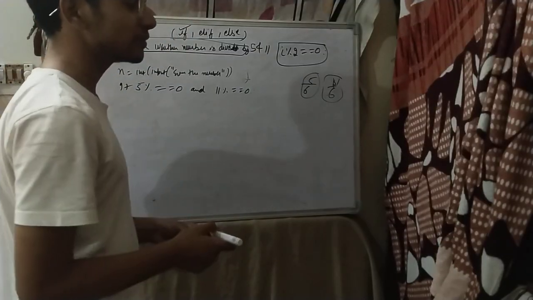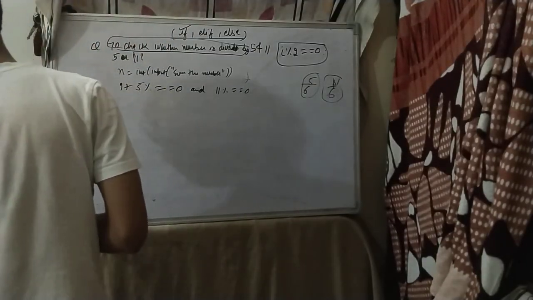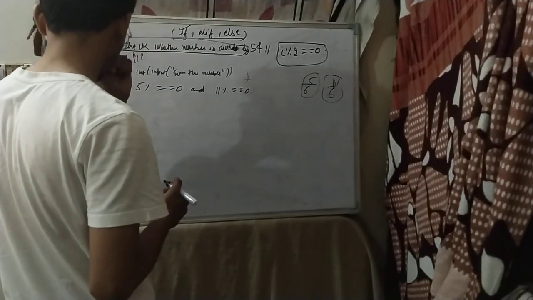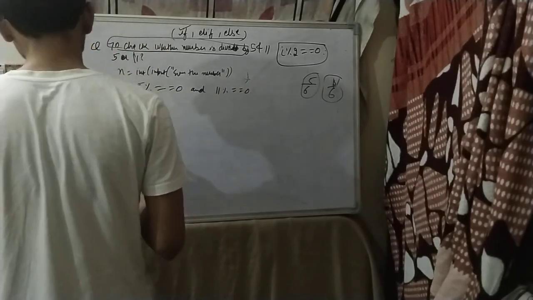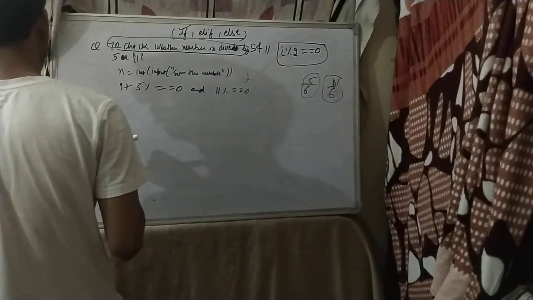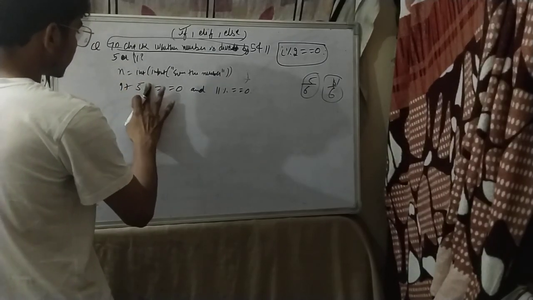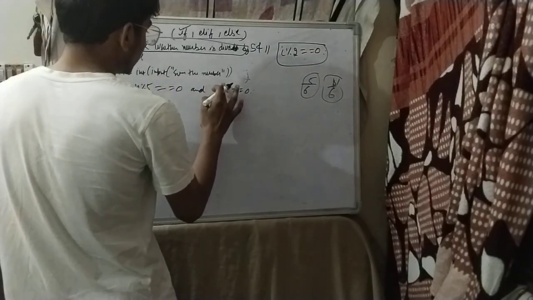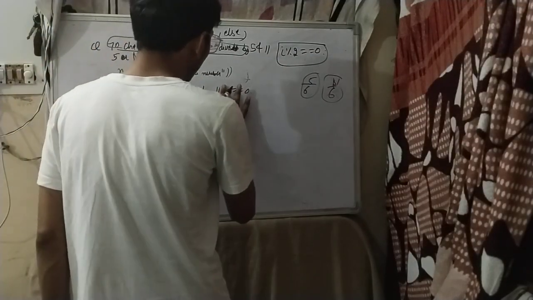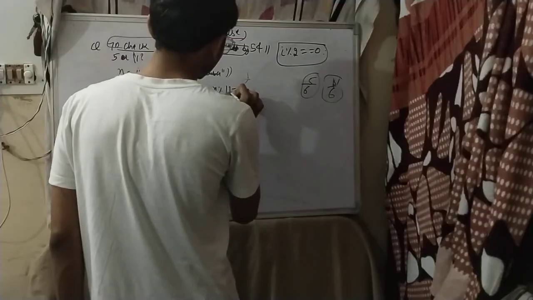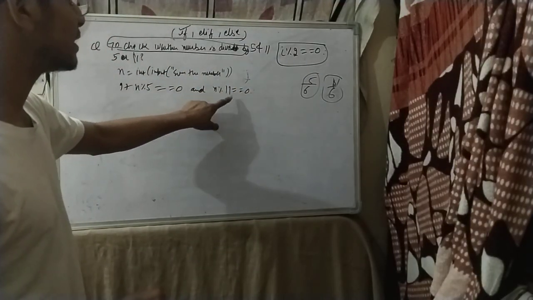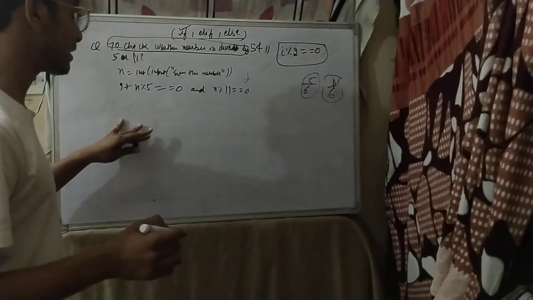So this is the last question we are going to discuss. So n percent 5 equal to 0 and n percent 11 equal to 0. This is the correct statement.